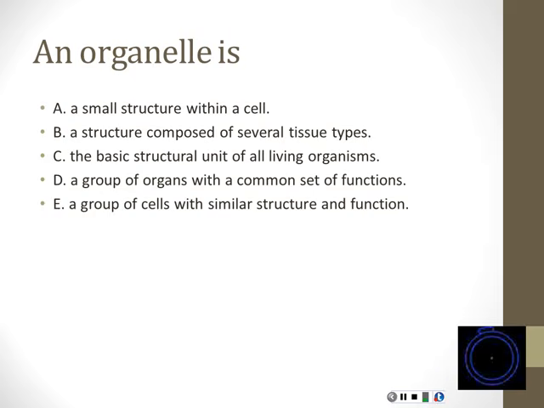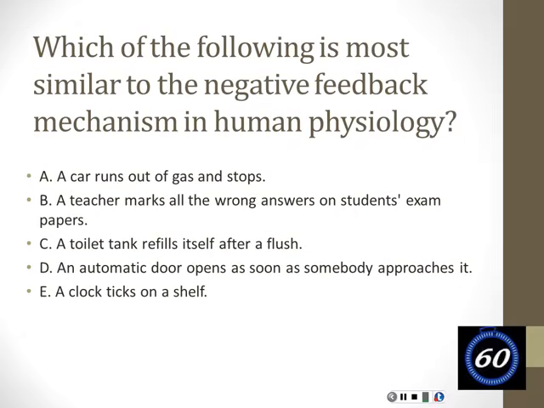Because a structure composed of several tissue types, that's going to be an organ. Basic structural unit of all living organisms, that's a cell, right? And group of organs with a common set of functions, that's an organ system. And we already talked about E as a tissue. So kind of a weak definition for organelle, but once you've eliminated the others, it would have to be A. Not the greatest. We're going to skip that one.